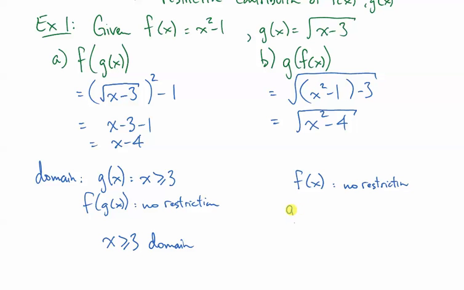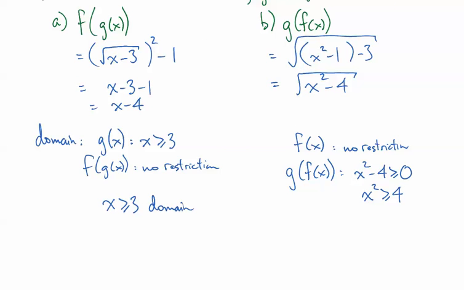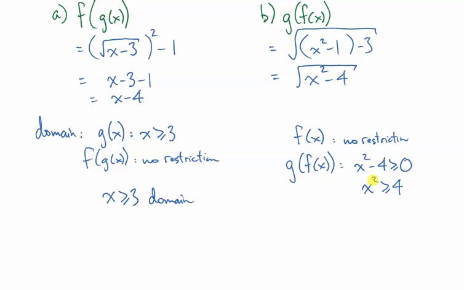The function g with f put in it, however, does have a restriction because, again, we can't take the square root of negative values. So we know that x squared minus 4 itself has to be greater than or equal to 0. So x squared has to be greater than or equal to 4, and you may recall from pre-calc 11 this was a little bit of a tricky thing. Inequalities with quadratics, what we actually say is that the absolute value of x itself has to be greater than or equal to 2.